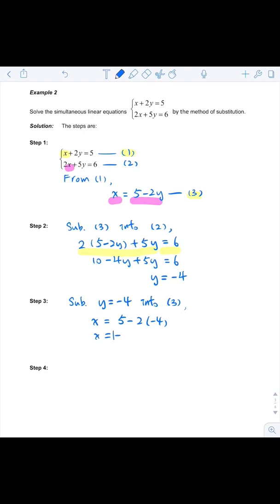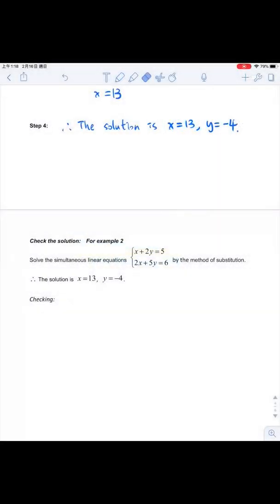And we will get x is equal to 13. And finally, we can write down the solutions. The solution is x equals 13 and y equals negative 4.